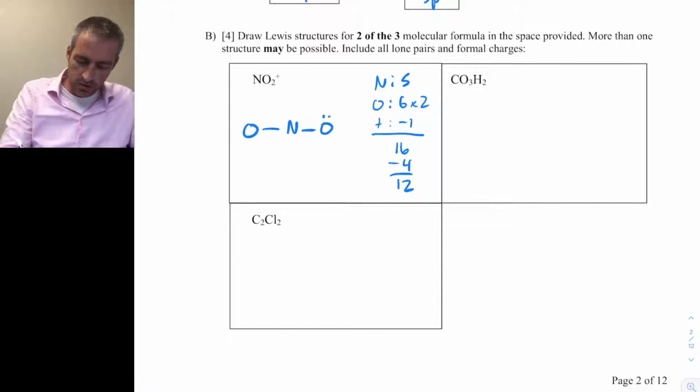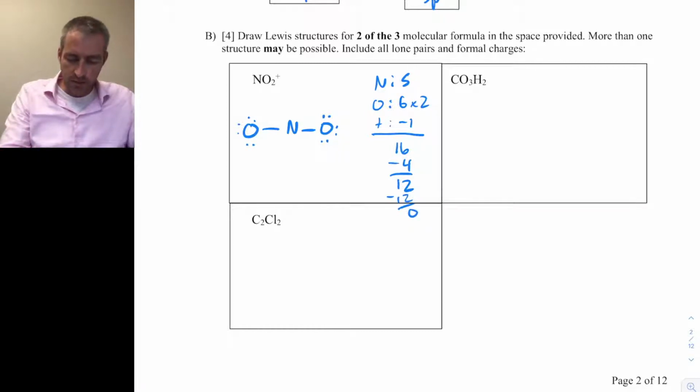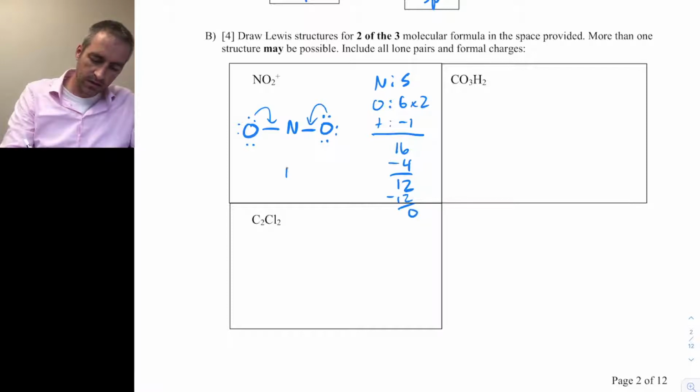We use the 12 to fill the octets of the outer atoms first. We used all 12 and we're left with 0. We now must make multiple bonds in order to cause the central atom to have a full octet. This gives us N, O, O, double.